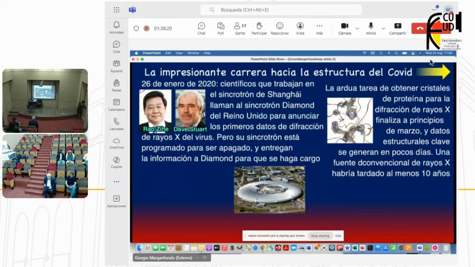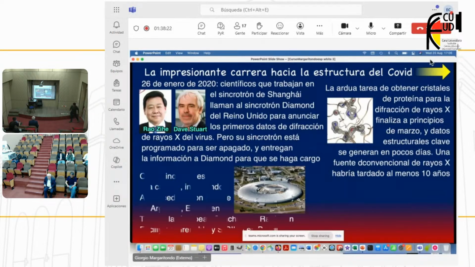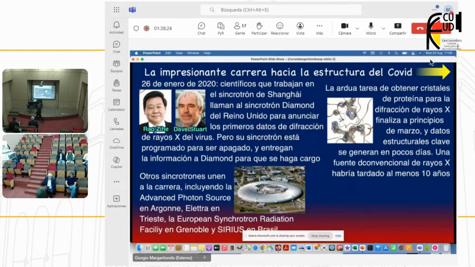And we started generating the data. Almost immediately other synchrotrons started joining, and in the end the majority of the entire network was heavily involved, in spite of all the practical difficulties of traveling and accessing the facilities during the pandemic.